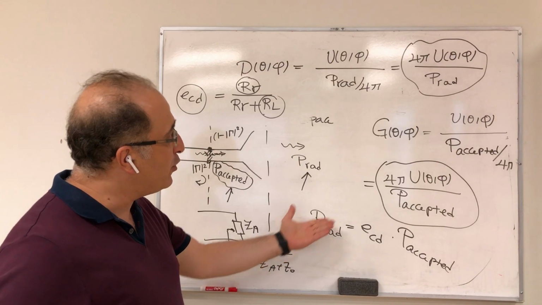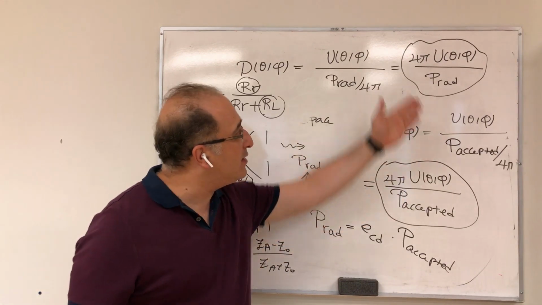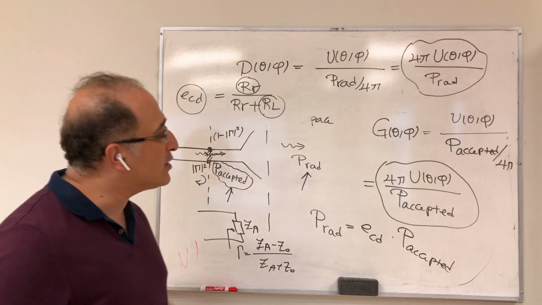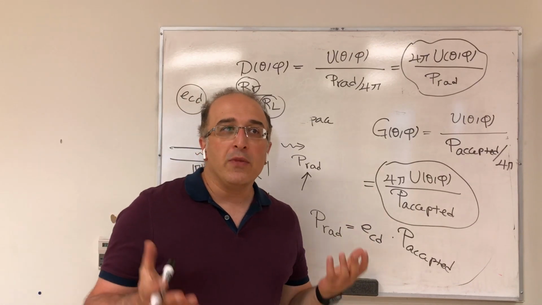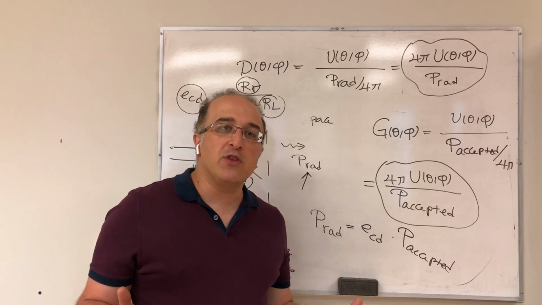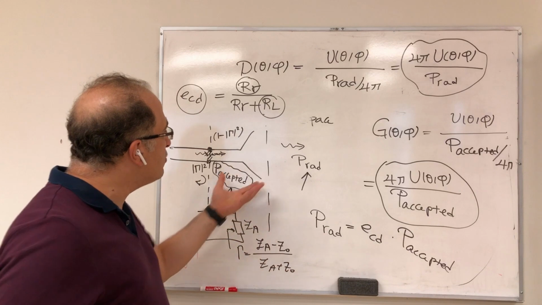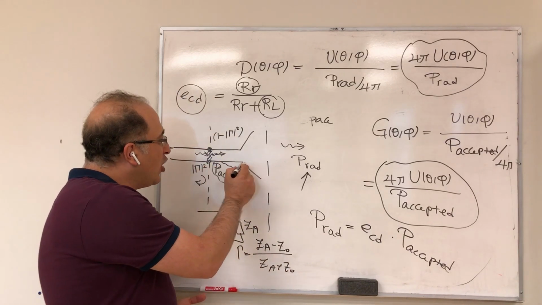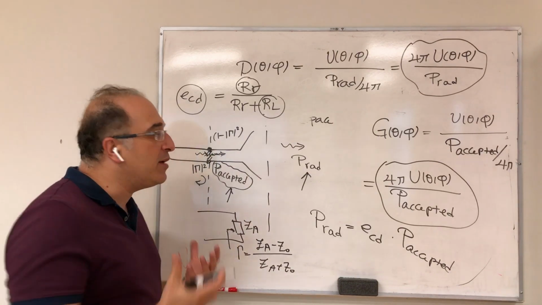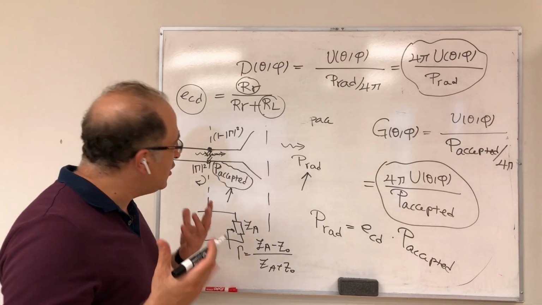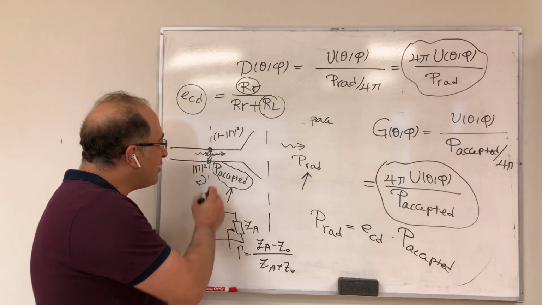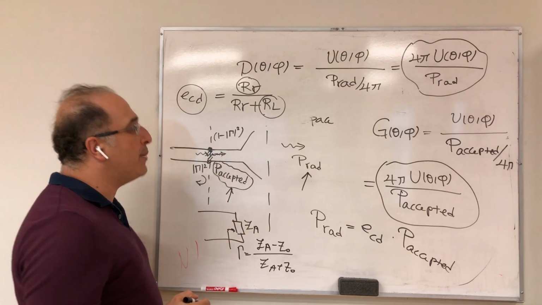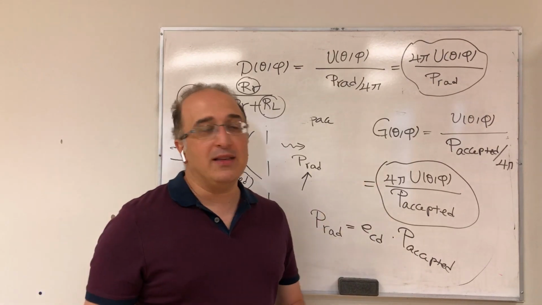And because these are in the denominator, directivity is going to be more than gain. So it depends which one you're more comfortable with. Usually gain is more practical, because if you have loss in your antenna, you want to be able to see that. So it's often better to have the reference as P accepted than just P radiated.